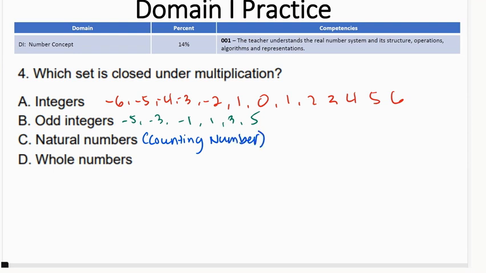Counting numbers are the ones you can physically use your hands and count.